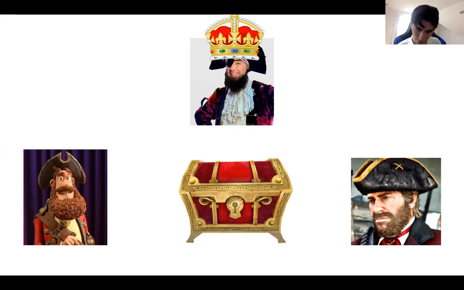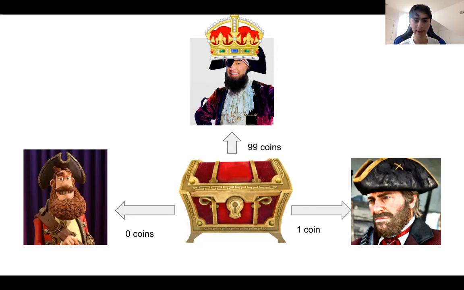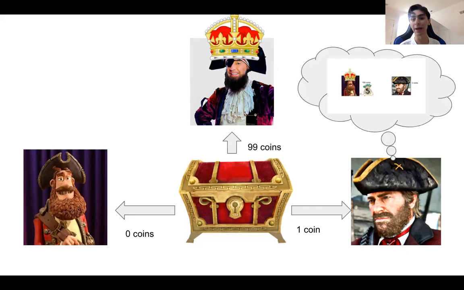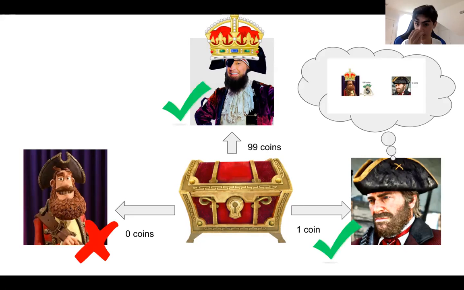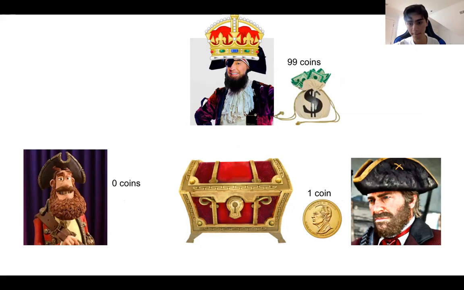So he's going to split it 99, 0, 1. The reason behind this is that the first pirate is remembering what happens if he denies the proposal. If he says that he doesn't want it, then he will get nothing, right? So he knows that if he votes no on this, he's going to get no coins. So even one coin in this case is a rather good thing. So the king pirate is going to say yes. The second pirate is going to say no, but the last pirate is going to say yes, even though he only gets one coin. So the split is going to be as so.